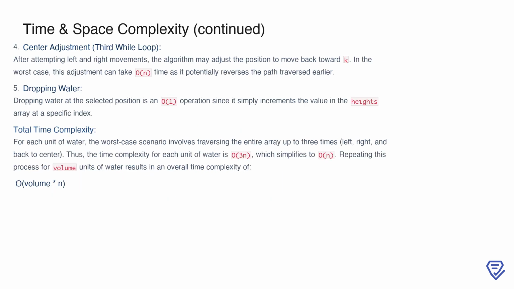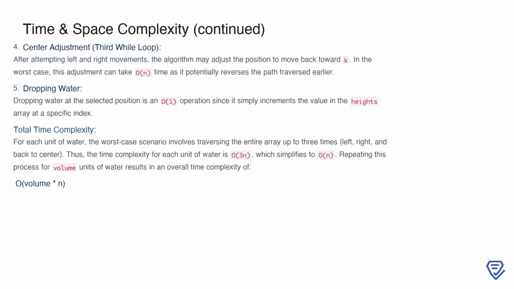After attempting the left and right movements, there is a center adjustment step where the algorithm may return towards the original position K. This adjustment can also take O(n) time in the worst case, as it may involve reversing the path traversed earlier. Once the correct position is determined, the water is dropped at that position, which is a simple O(1) operation since it only involves incrementing the value in the heights array at a specific index.